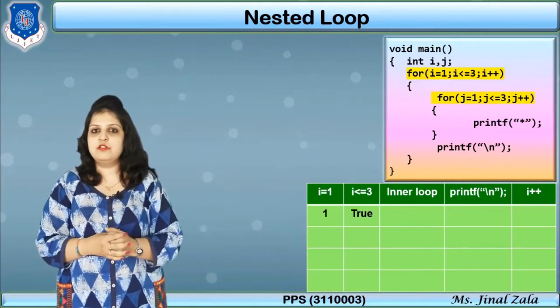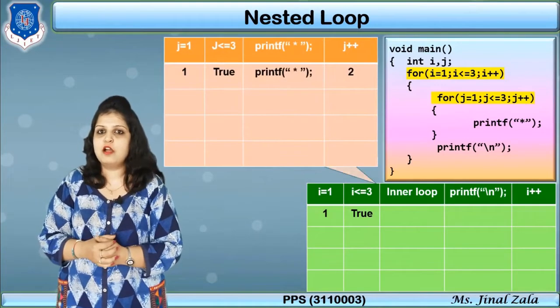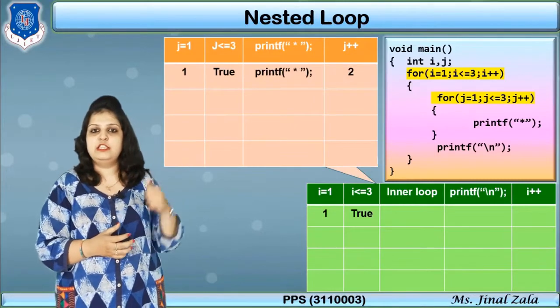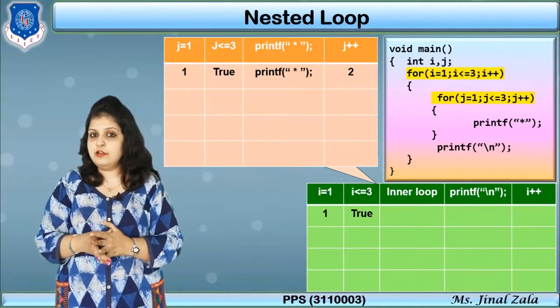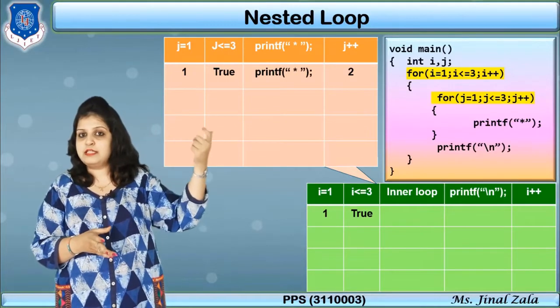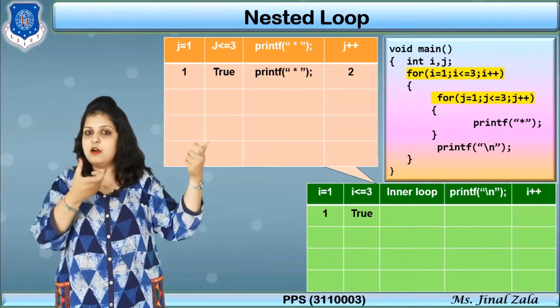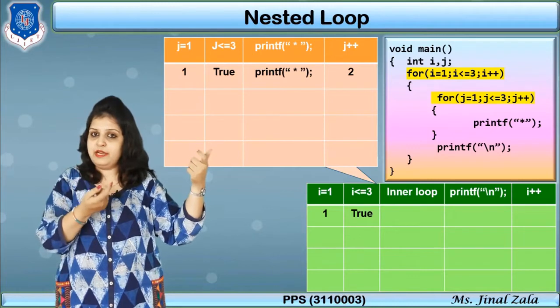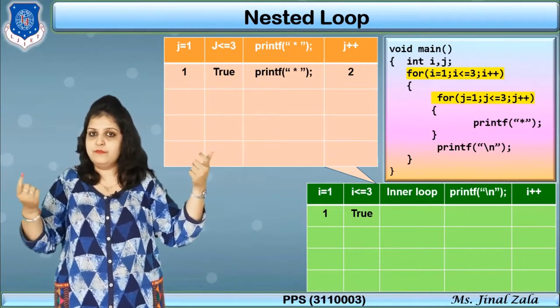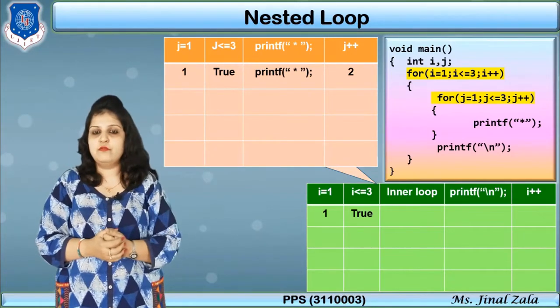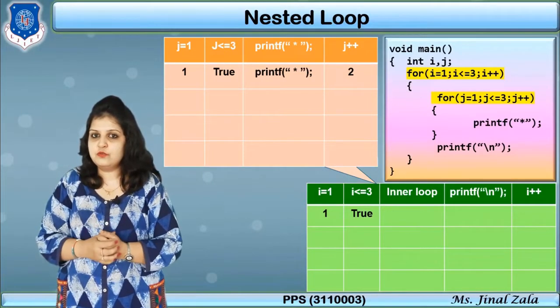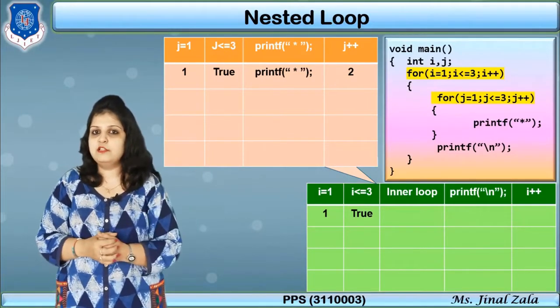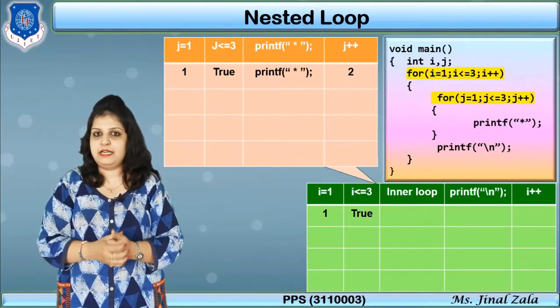The table above is used for columns, that is j equal to 1, and we check the condition. How will the nested loop be executed? For a single value of the outer loop, the inner loop will execute completely for 1, 2 and 3. So first j is equal to 1. Check the condition, 1 less than or equal to 3, the condition is true. Then the body of this loop will be executed, that is printf star.